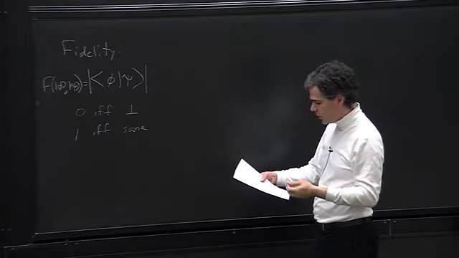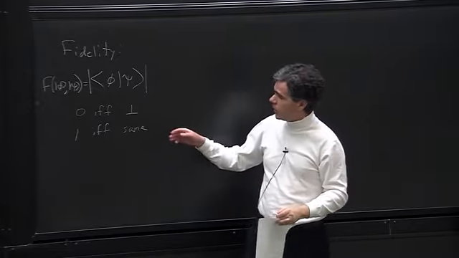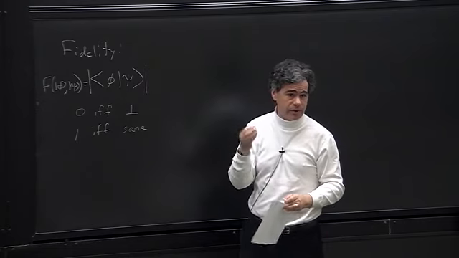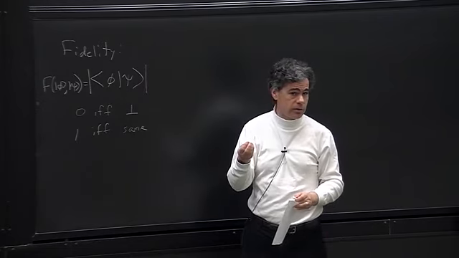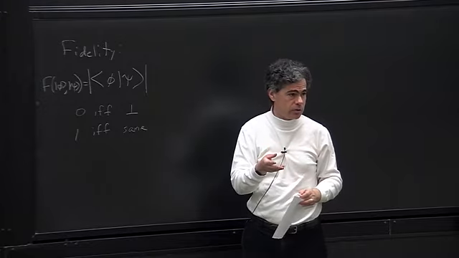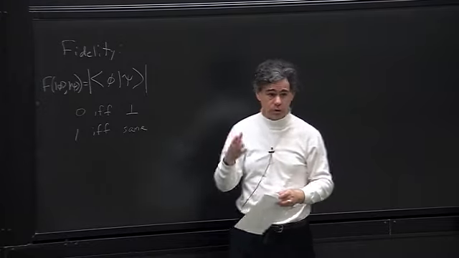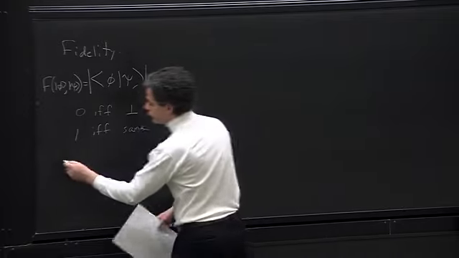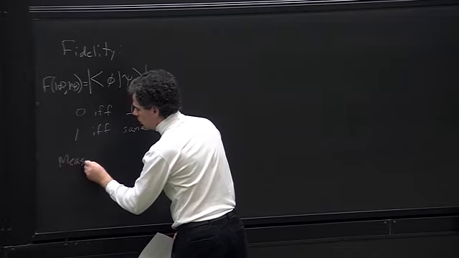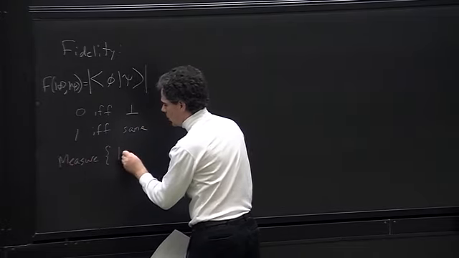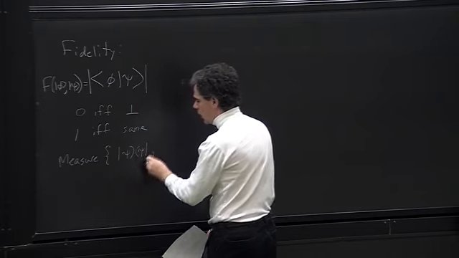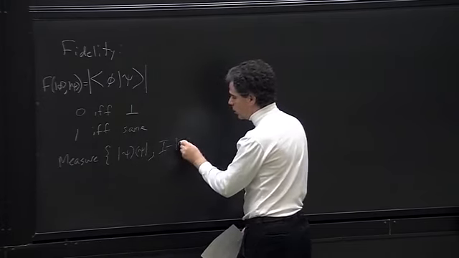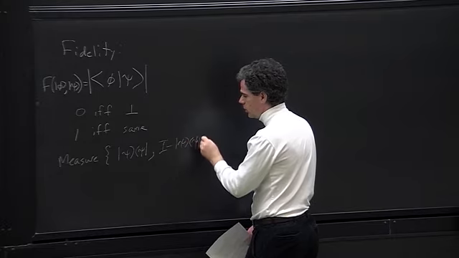So in particular, if you say, well, I think I have the state psi, but it might be phi. I'm not really sure. So let me project on the state psi or the orthogonal subspace to psi.